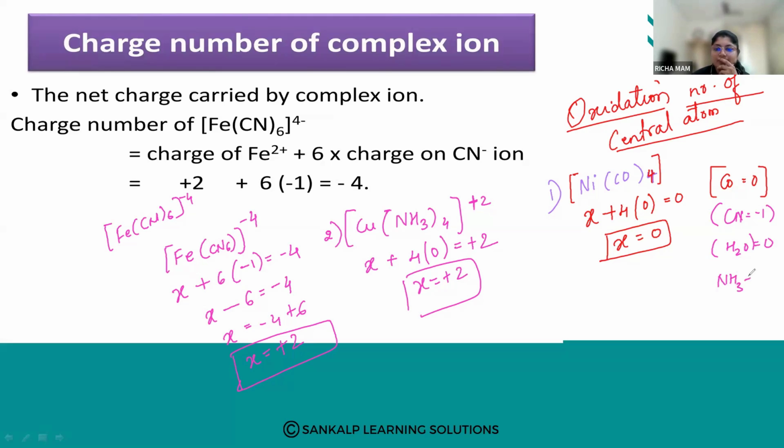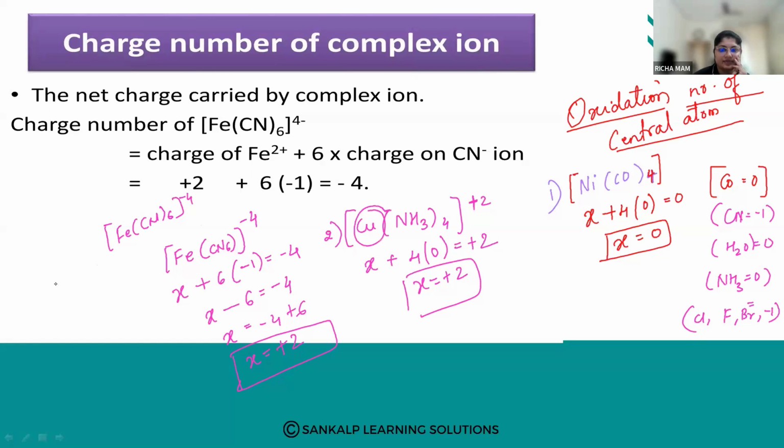Amino has 0 charge. Then fluorine, bromine, chlorine have -1. So these things you have to remember for finding out the charge on the central metal ion. What we are finding is the oxidation number of the central metal ion.